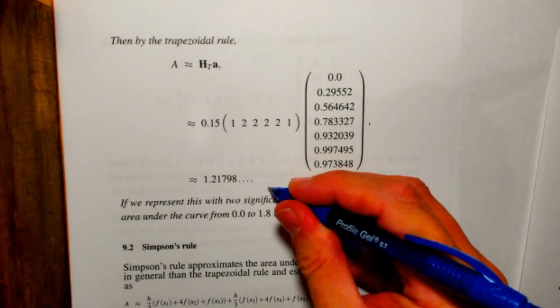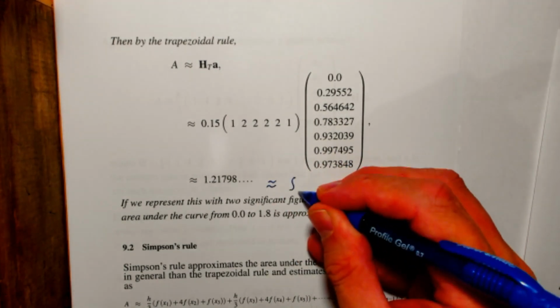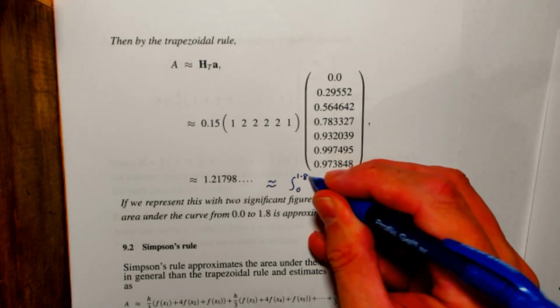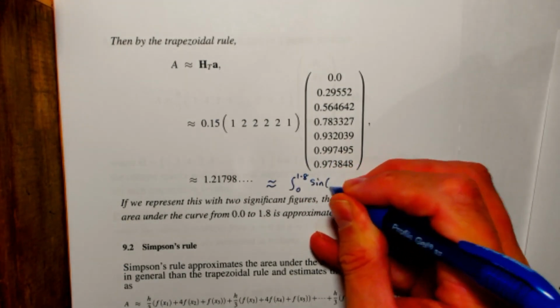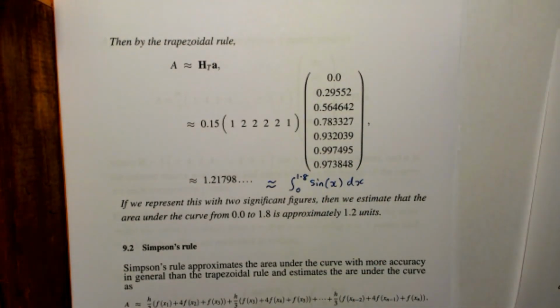So if you know calculus, you might have done Math 104, then this is approximately the integral from 0 to 1.8 of sine of x, just like that, right? If you have done calculus already.